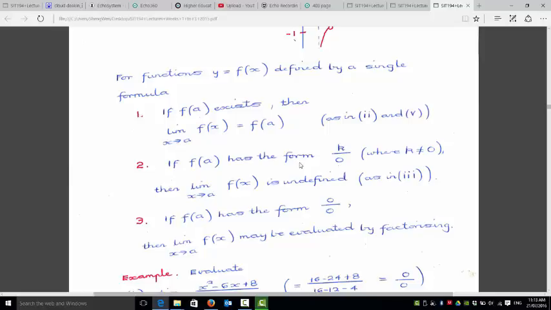But before that, we need to understand more about the limit. For example, we have some formulas. Given a function f, if f(a) exists, the limit of f(x) when x approaches a should be f(a).